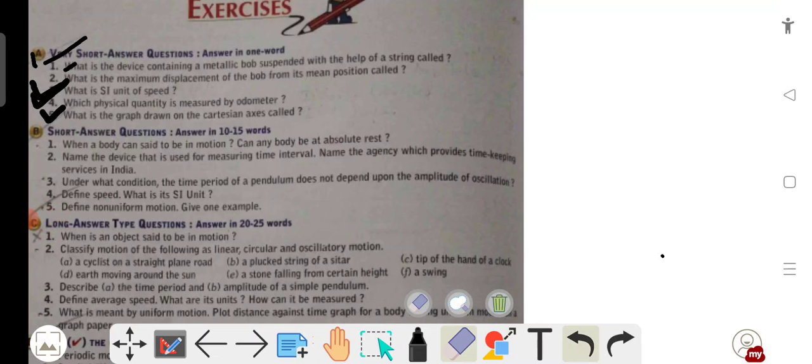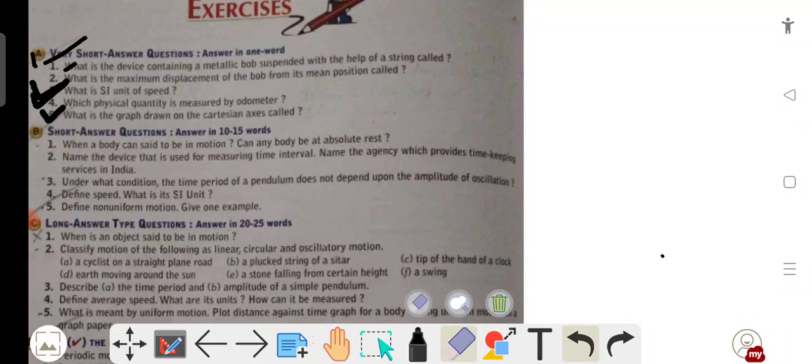Now the second part: can anybody be at absolute rest? No. Nothing is at absolute rest or in absolute motion in the universe. Any object said to be in the state of rest or motion is relative to a fixed point.